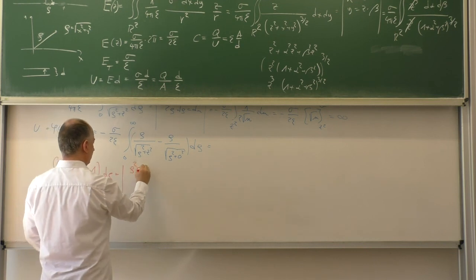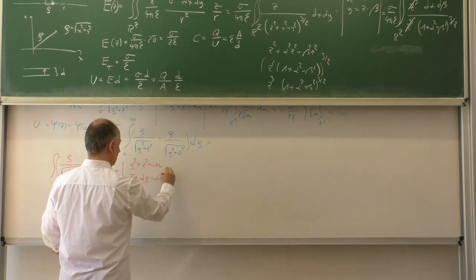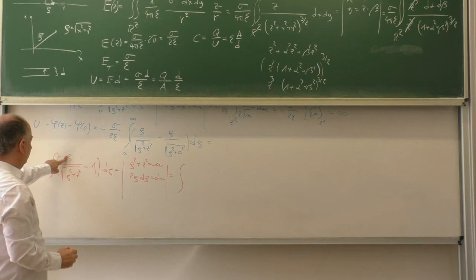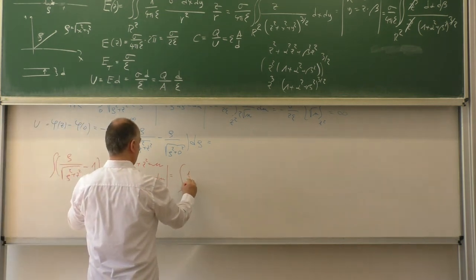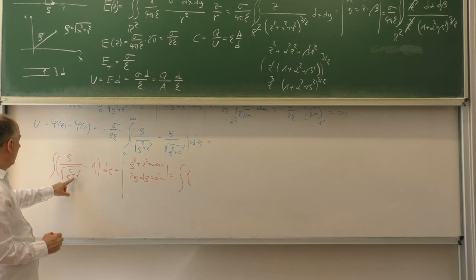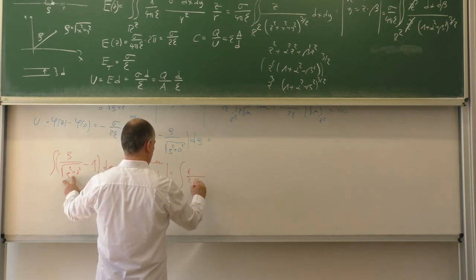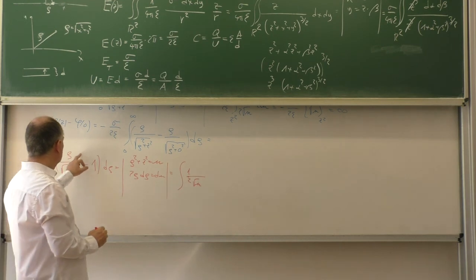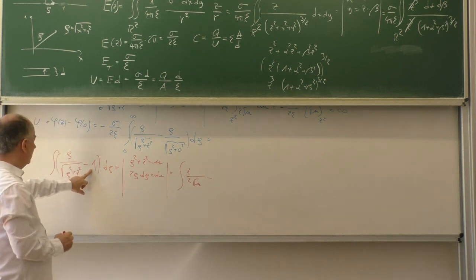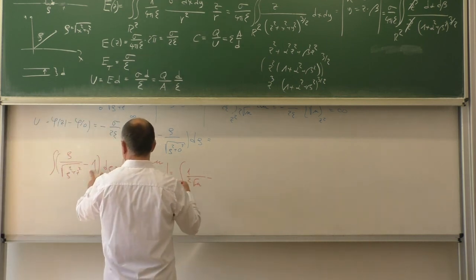And once again, rho square plus z square is u, then 2 rho d rho is du, and we have the indefinite integral rho d rho, so we have 1/2 2 rho d rho, which is du, divided by square root of u, minus integral of 1 d rho, which is rho.